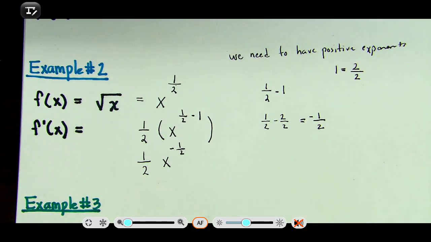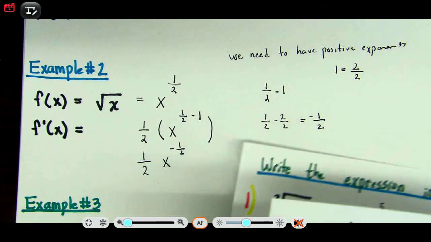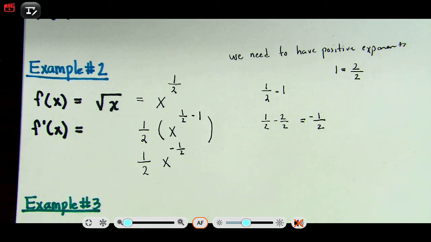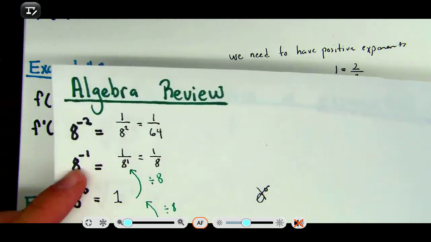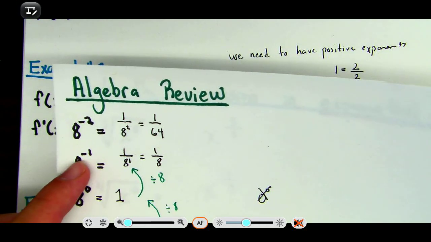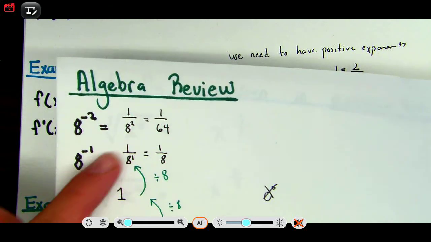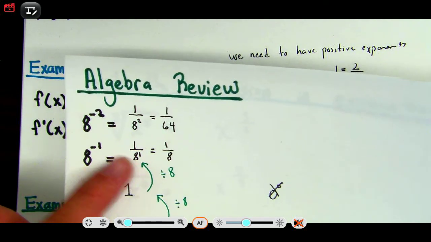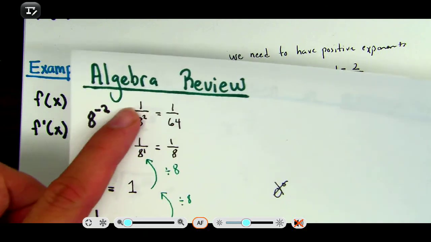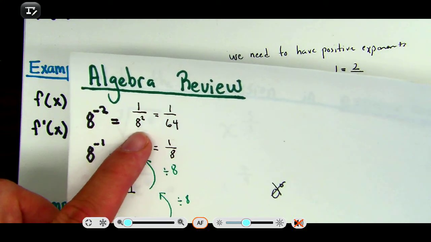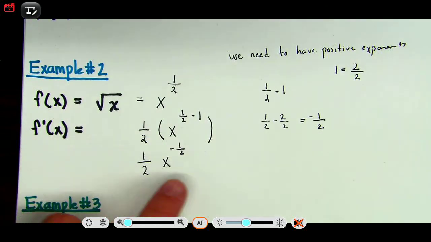Just like we had in the previous video, let me go back in time. Don't you remember if we had some 8 to the -1, what did we do? It was 1 over 8 to the 1. If we had 8 to the -2, it is 1 over 8 to the 2. So then trust yourself, what will this become?